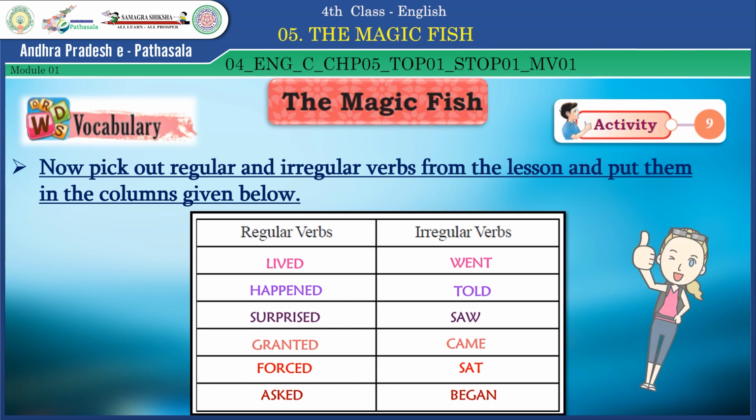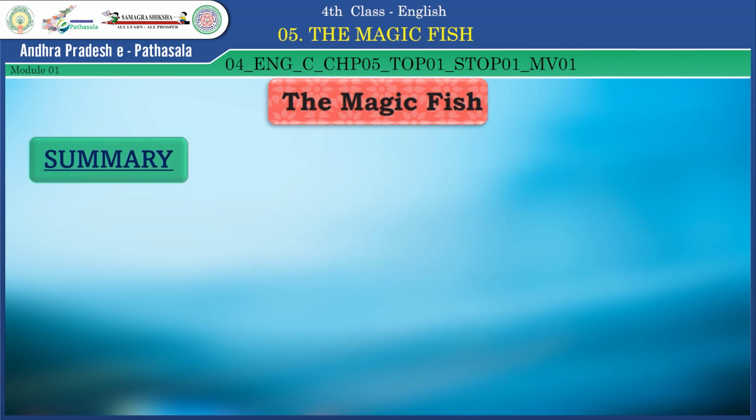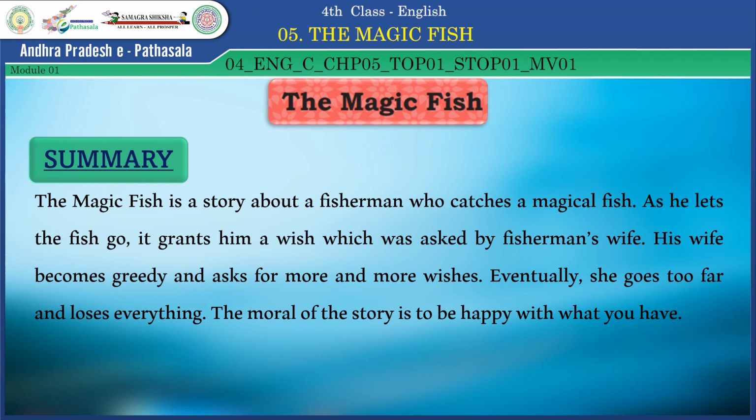You understood very well. Now, let's have a look at the summary of the lesson. Here comes the summary of the story. The Magic Fish is a story about a fisherman who catches a magical fish.